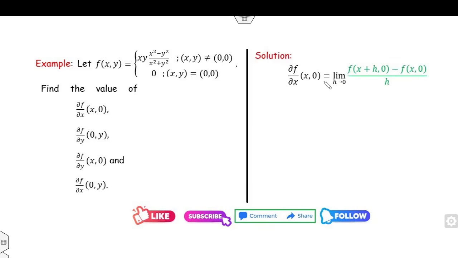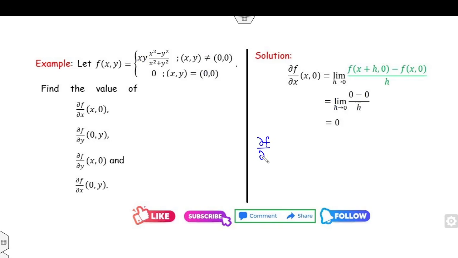Now you can substitute this value. What is the value of f(x plus h, 0)? That is a case of x into y. So y is 0, so this is 0. When x is non-zero, y is 0, again this is the case. So when y is equal to 0, I can substitute this. It is again 0. So the answer is 0. Fine.